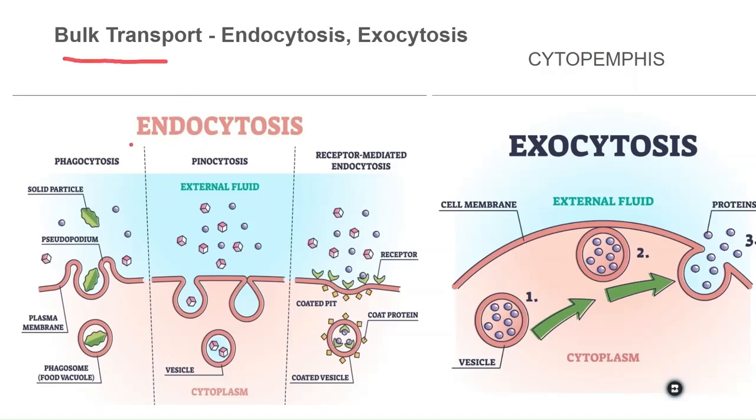They move through the process called endocytosis and exocytosis. Endocytosis is also called cell eating, and this is also called cell drinking. So here you can see phagocytosis is where the solid substances are taken inside the cell.